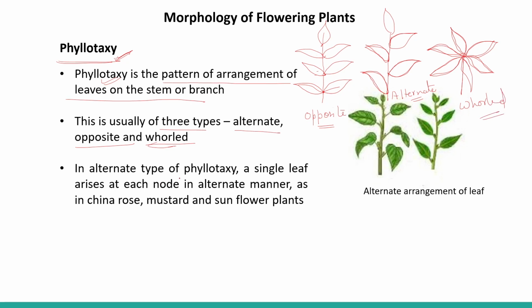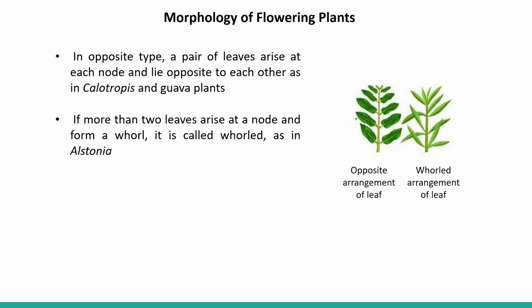In alternate type of phyllotaxy, a single leaf arises at each node in an alternate manner, as in China rose, mustard and sunflower. So you must remember the examples. Alternate arrangement of the leaves is given in this diagram, same as I have drawn here.